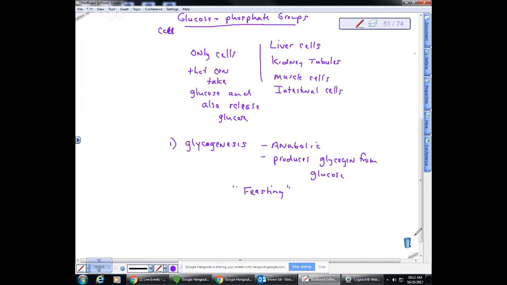Okay, so glycogenesis. The second one is glycogenolysis. So this is an essay question. So instead of genesis, it's genolysis. And so you remember that lysis is to break apart, like hydrolysis, right?